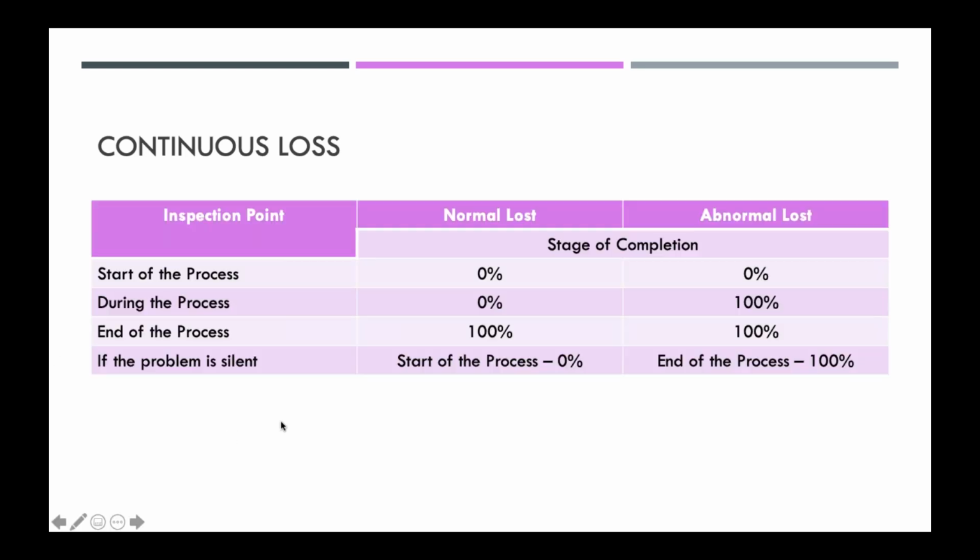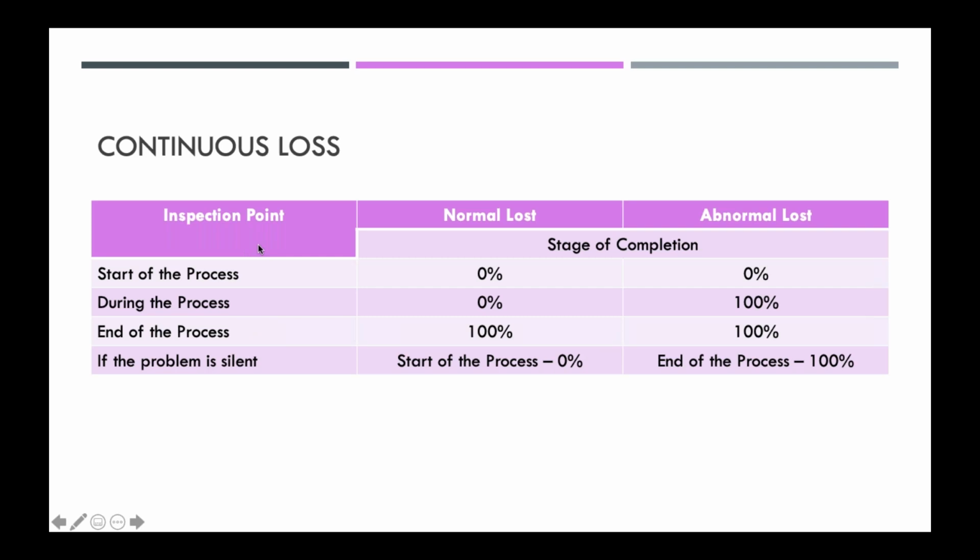Okay, so ano ang magiging computation natin ng work done if we discover lost units along the production process? Ngayon, depende siya. Depende if your inspection point is placed at the start of the process, during the process, or end of the process.